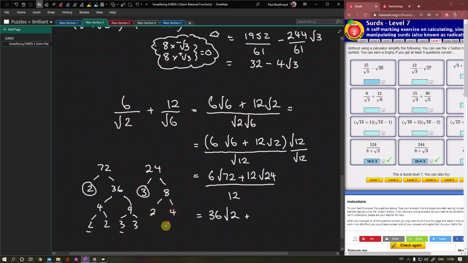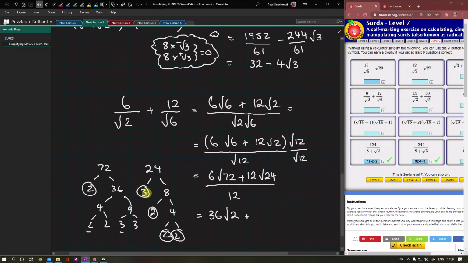This is 2 and 4, 2, 2. So we have another square root of 6 over here. Got 6, 2. We've got 12.